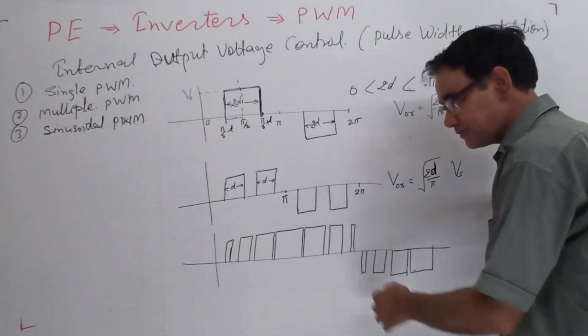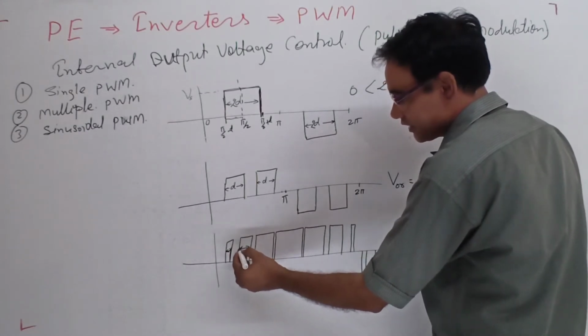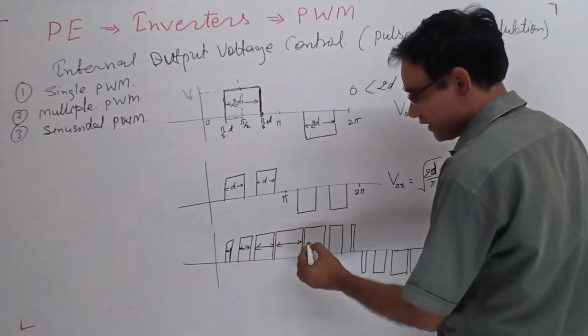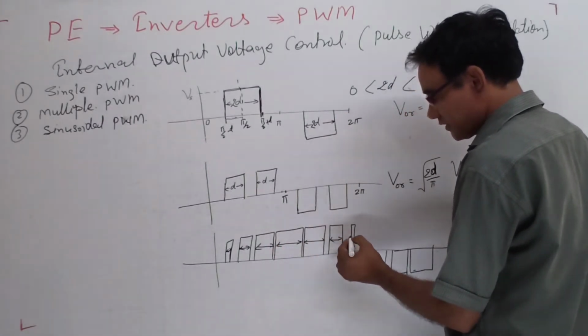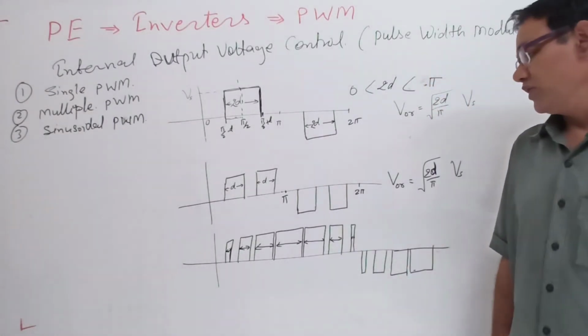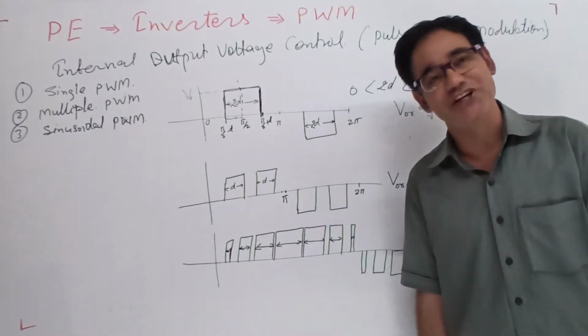So the width is smaller, then bigger, then the biggest, then bigger, then small. Like this. This is known as sinusoidal pulse width modulation.